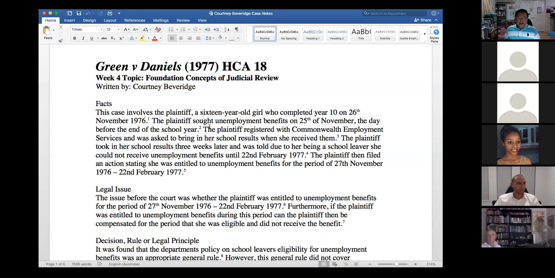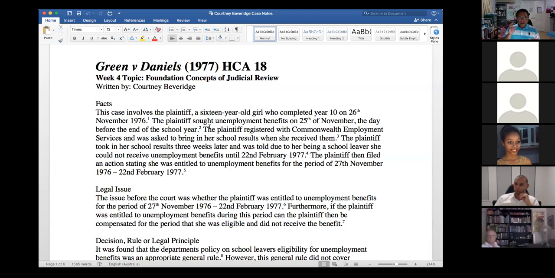That's very good. Now, in relation to the facts for this case, the law actually would have entitled the plaintiff to the unemployment benefits.